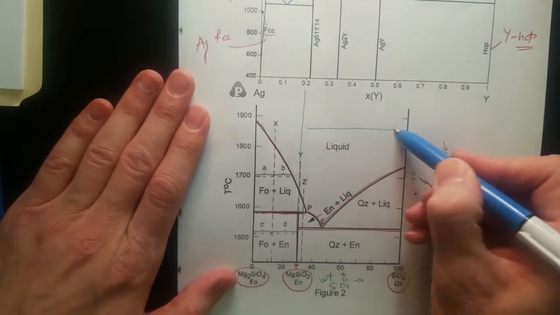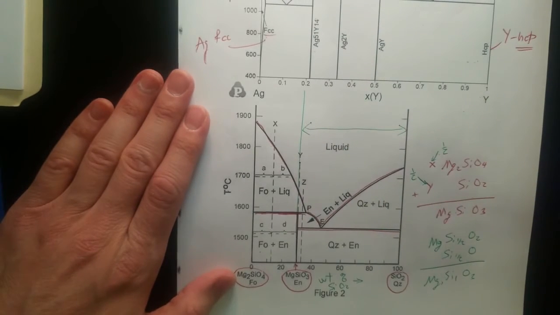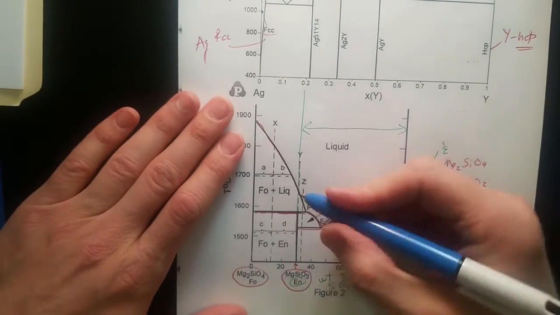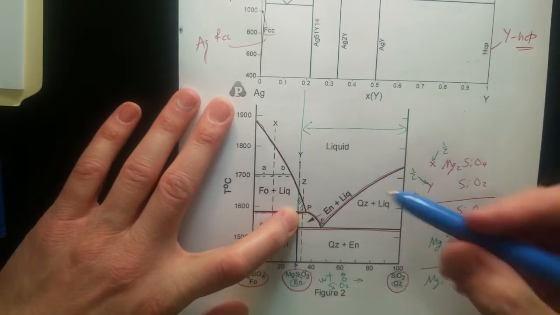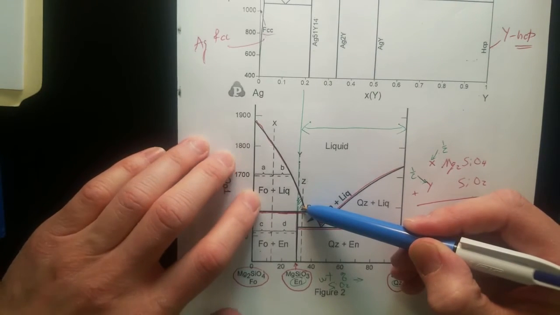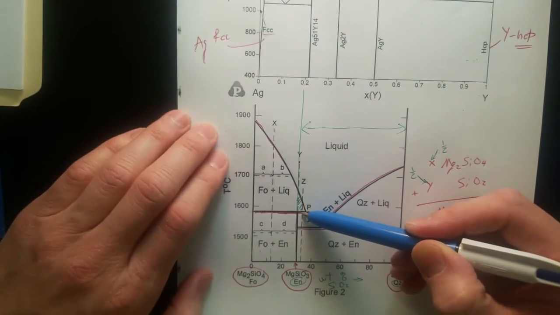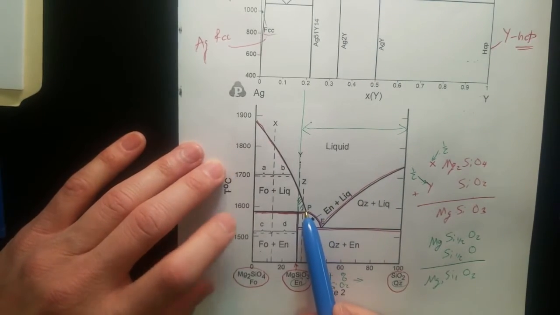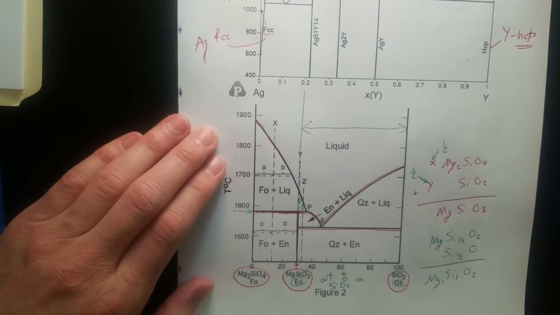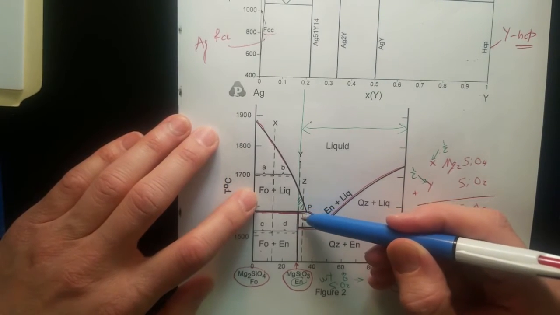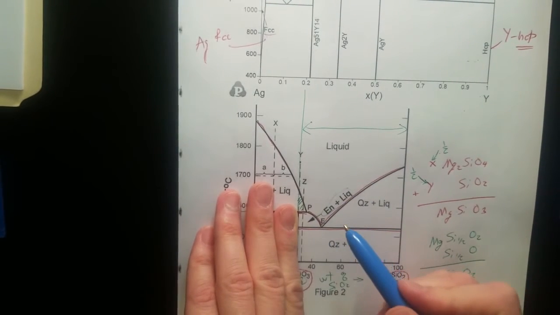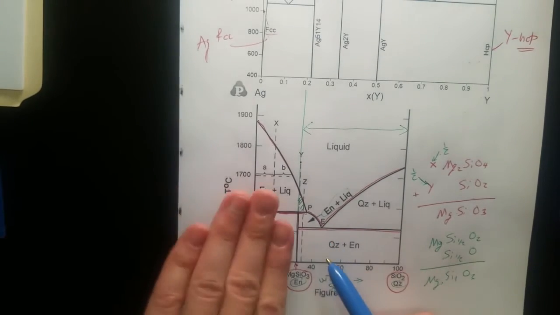Anytime that you start in this range, when you get to low temperature, you have to have En and Qz, which is what makes this little region right here interesting, because in that region, if you were to cool down from Z, you would first form the FO phase and liquid, and then when you cross the peritectic temperature, which is around 1575, you would have the FO phase completely reabsorb, because this is En plus liquid, and En phase would come out. And then you keep cooling down, and then you get quartz plus En.